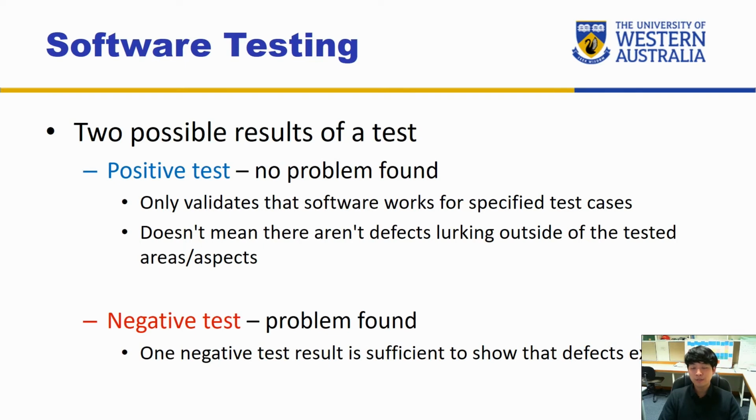So it is good that it has passed all the ones that we set out to test, but we should always have in the back of our mind that there may be some other aspects of the software that can be exploited, so we need to always prepare for incident response and maintenance. And obviously, if we get a negative test result back, that means those items should be addressed accordingly.